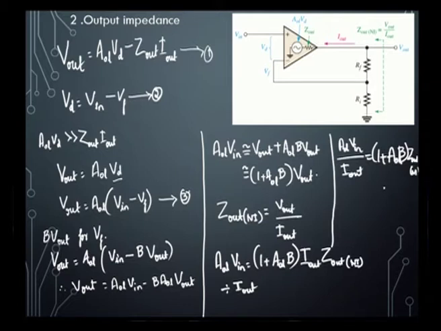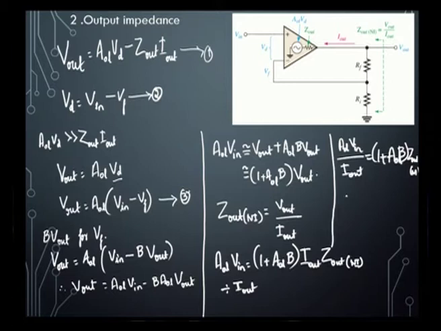This is what we finally got, and here the left term that we are dealing with, V in by I out, is the output internal impedance. So, this can be represented as Z out. Z out is equal to 1 plus AOL B of Z out, this is non-inverting.